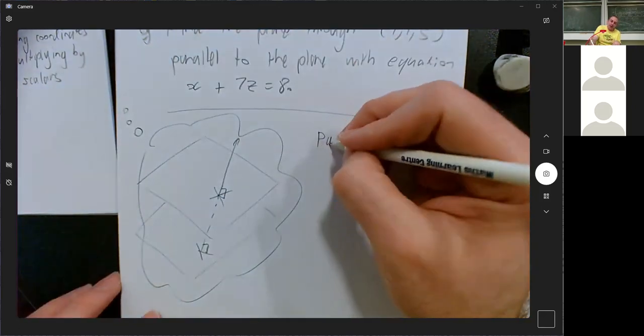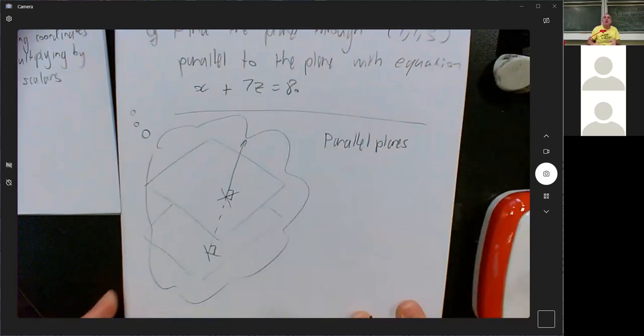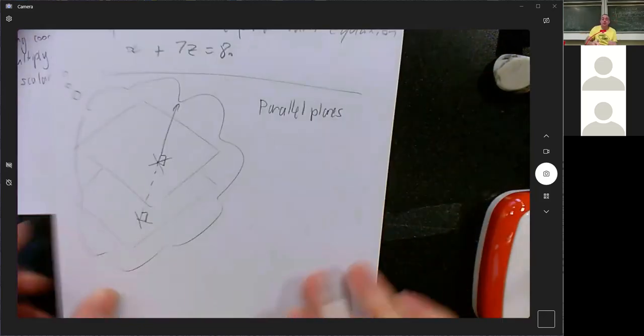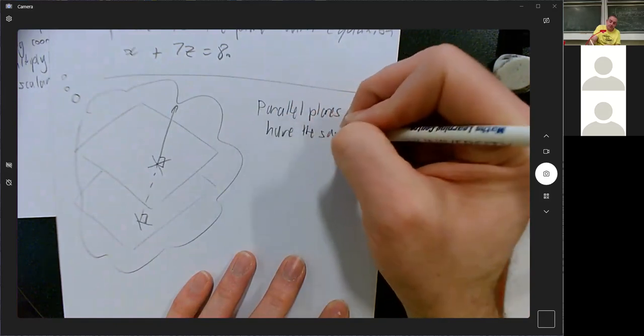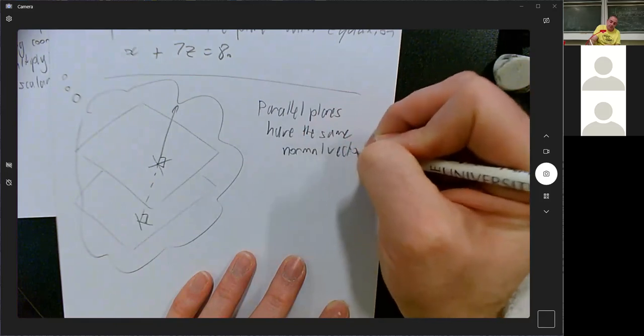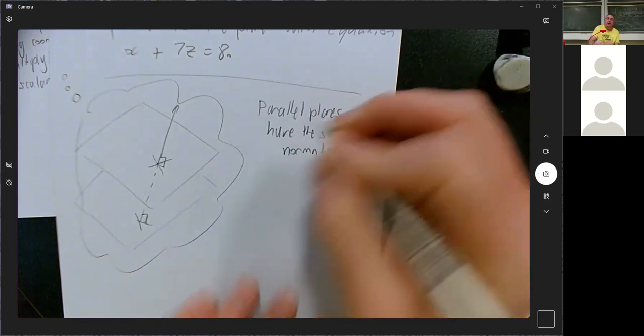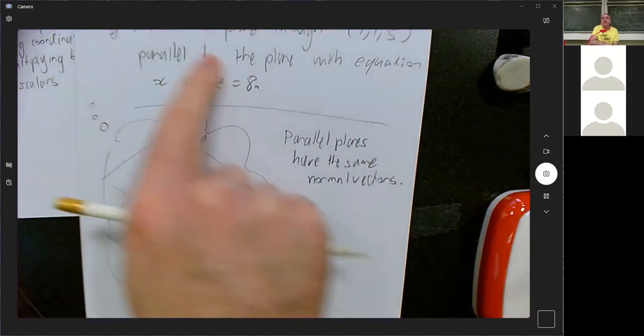So parallel planes have the same normal vectors. That's really useful to know. And in fact, parallel planes therefore have the same x, y, z part of the equation.